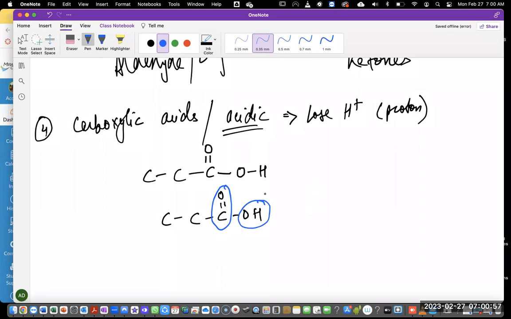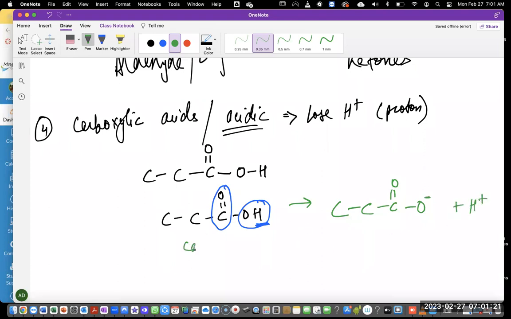And remember we said the word acidic, it is because they can lose this H+. So this hydrogen leaves without the electron, and oxygen keeps its electron. So this molecule can change into this. It keeps the electron, so it gets a negative charge, and this H plus gets separated.